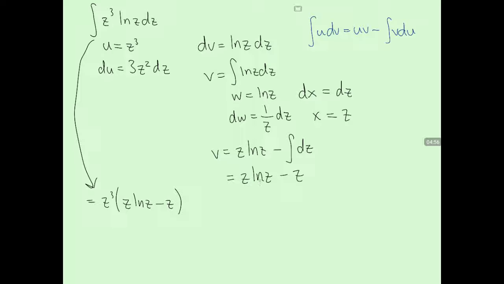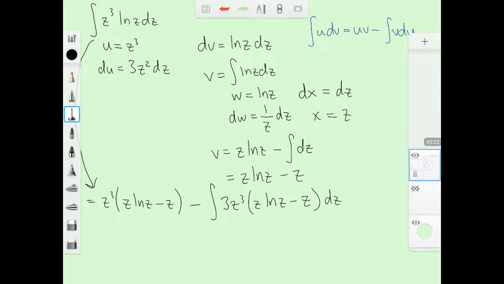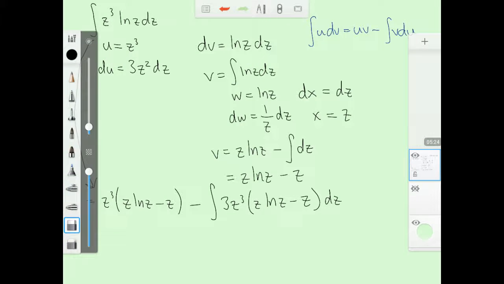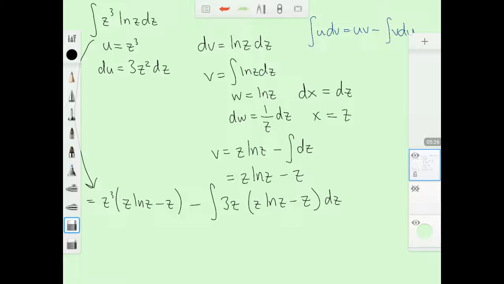And then we're going to subtract the integral of v du. So that's 3z squared times (z ln z minus z), with respect to z. So if we take a look at this integral, oh, this is supposed to be a squared, not a cubed.